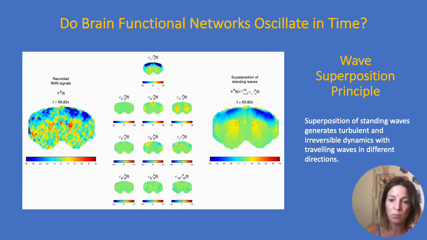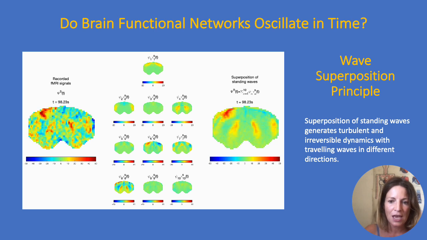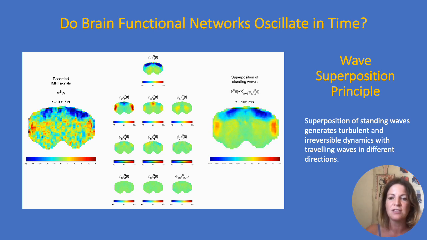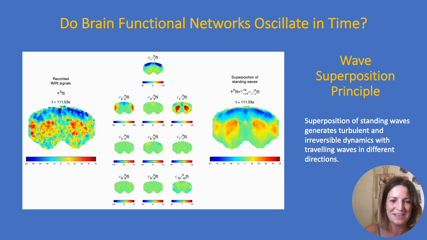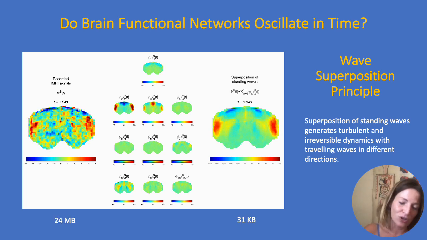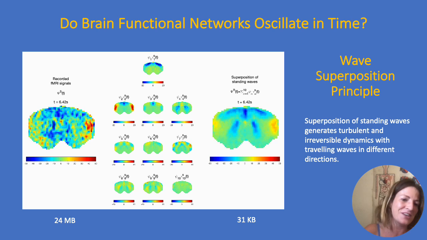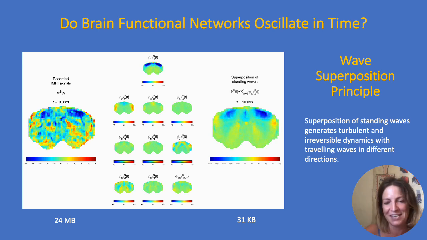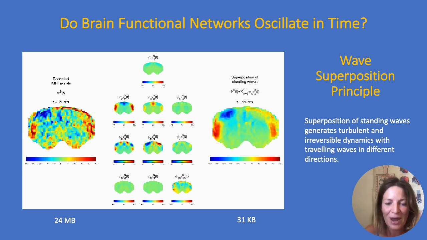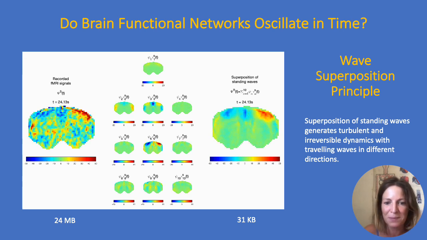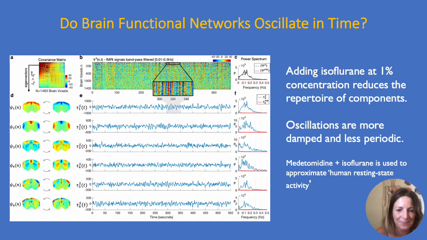So this superposition of standing waves can generate really interesting phenomena at the global, systemic level. And also, of course, there's a high dimensionality reduction, since the scan on the left has about 24 million bytes, whereas the one on the right is described by just 31k bytes.